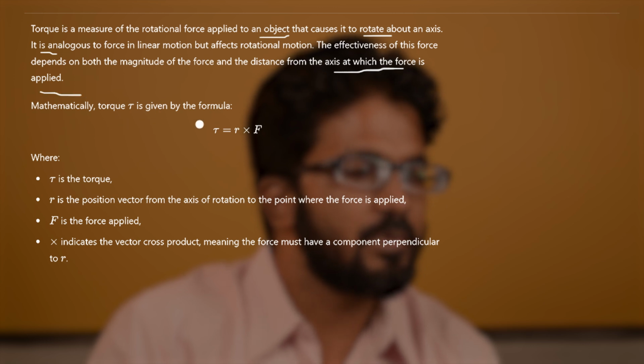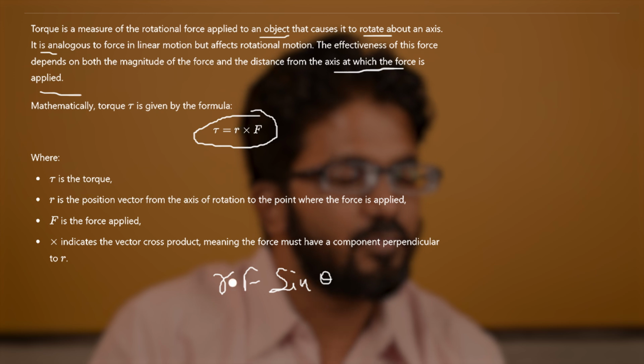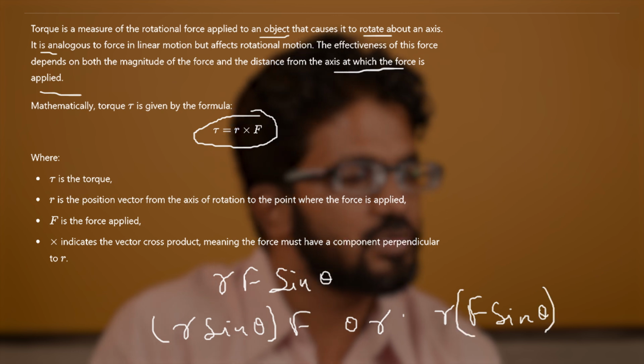Mathematically, torque is given by the formula r cross F, which in turn we can write as rF sin theta. This can be modified as r sin theta times F when you are taking the radial component, or you can write it as rF sin theta.